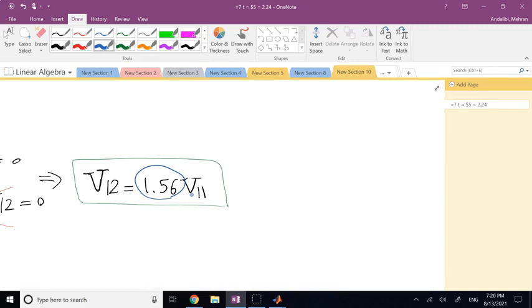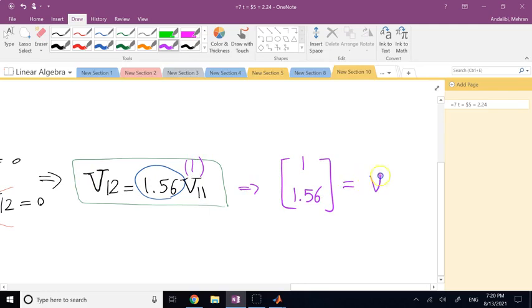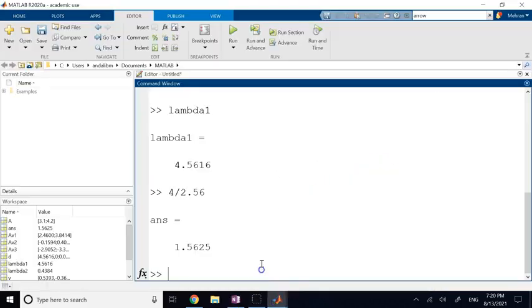One of the things they typically do is choose one of them to be a 1, and then they choose the other one. So one of the solutions might be 1 and 1.56. This is one way they can give you vector V1. Now you might say, well, in this case they didn't.